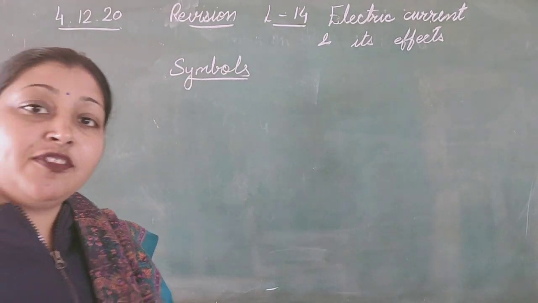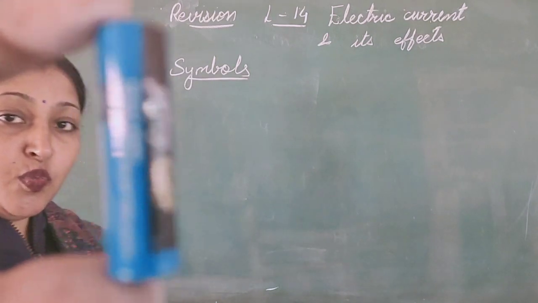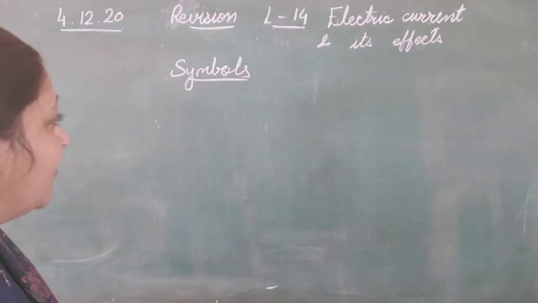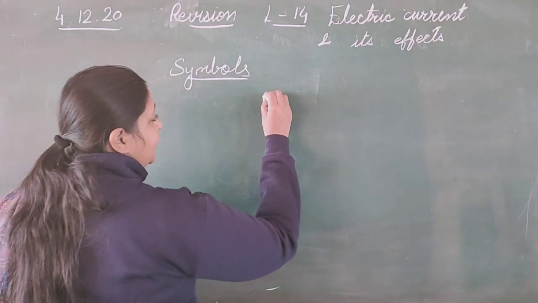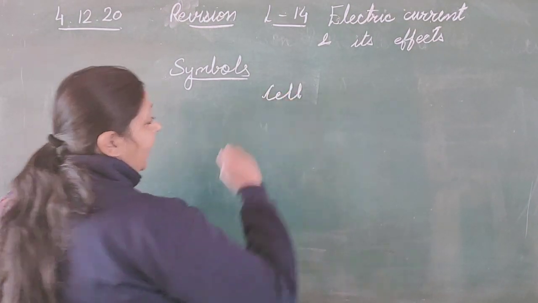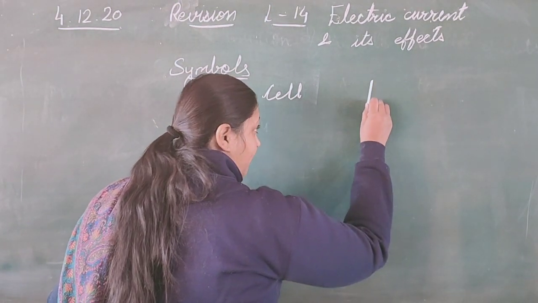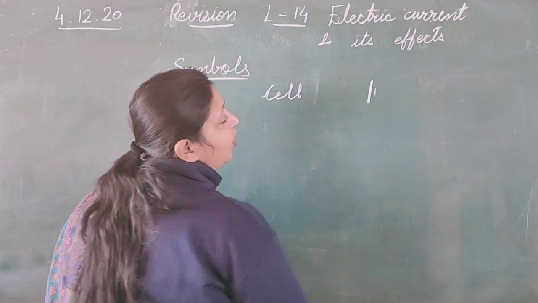Let us start with the first. Can you assume what is this? I hope it is clear to you. What is this? Yes, it is an electric cell. And what is the symbol of an electric cell? Between one bigger line, another one smaller line.